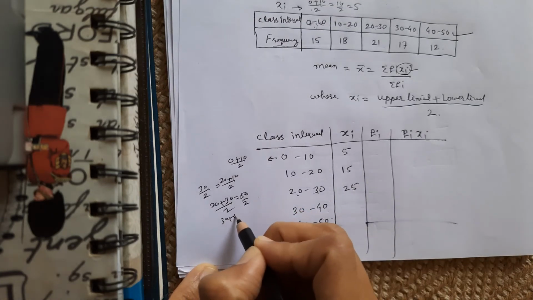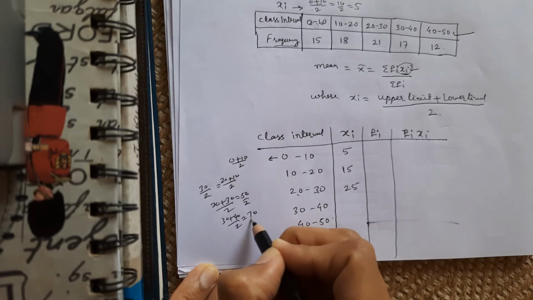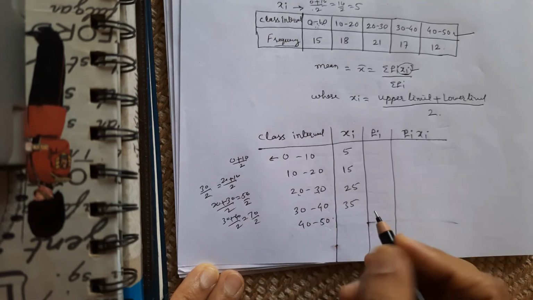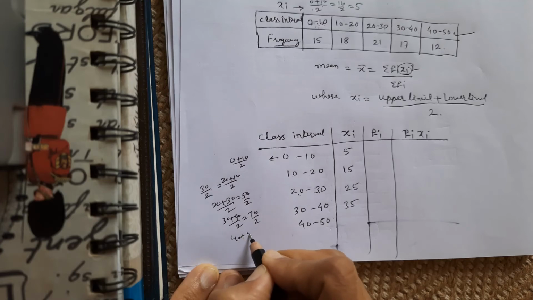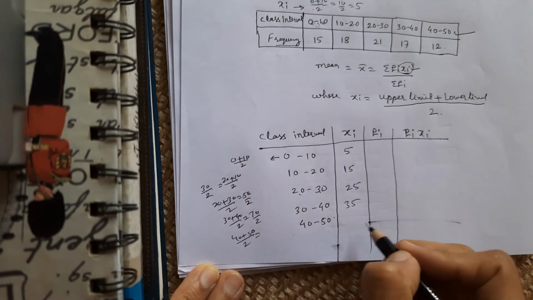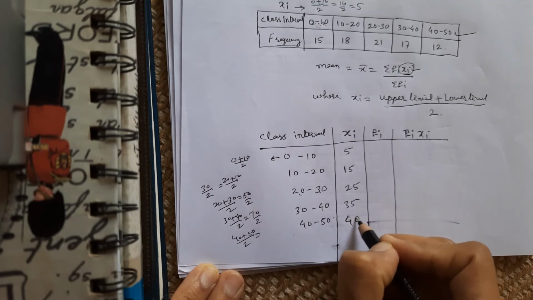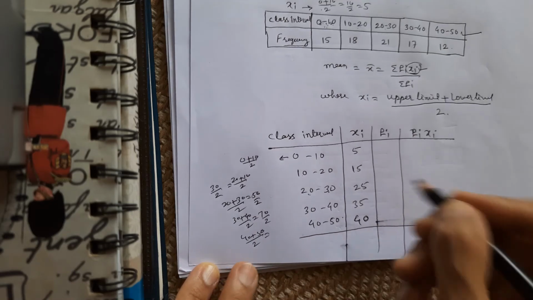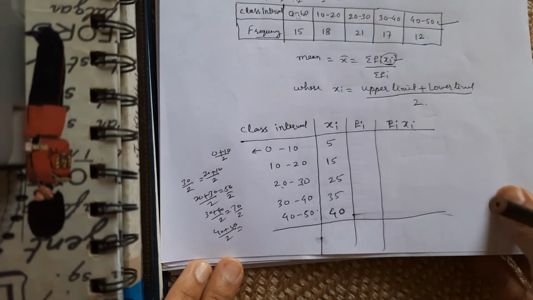Then 30 plus 40 divided by 2, that is 70 divided by 2, that is 35. And 40 plus 50, 90 divided by 2, 45. So that's how we calculate xi. And the remaining calculations are the same as we have done here.